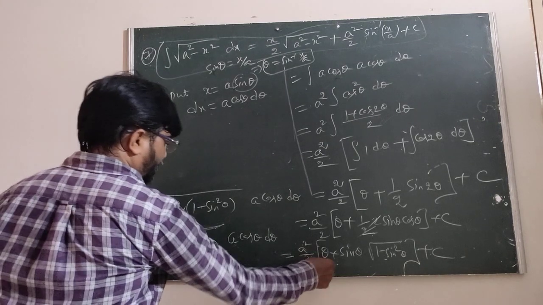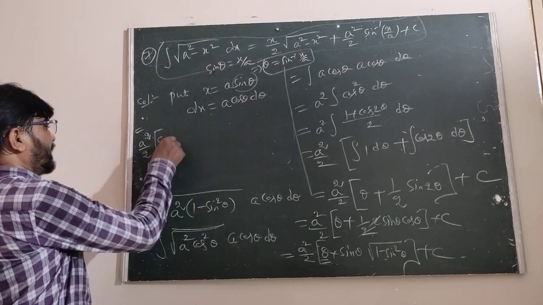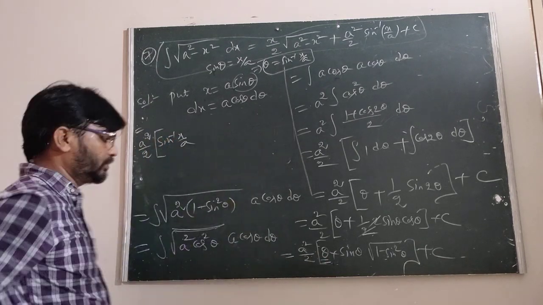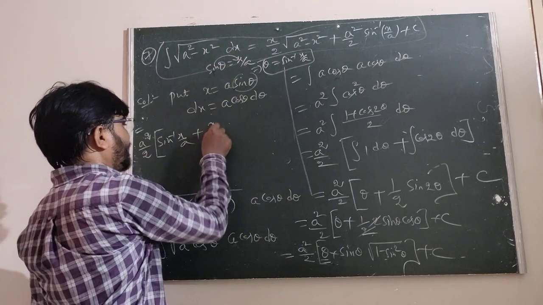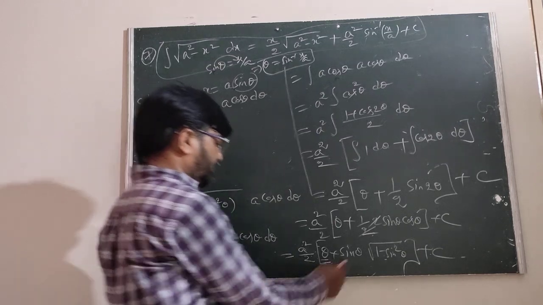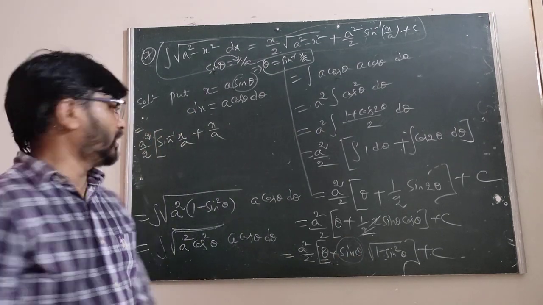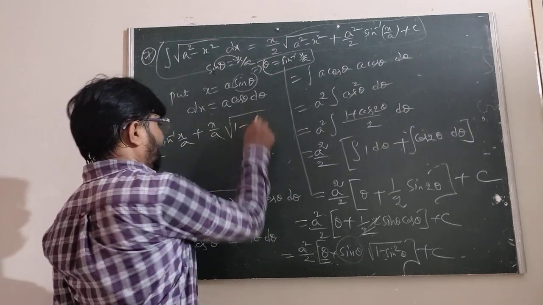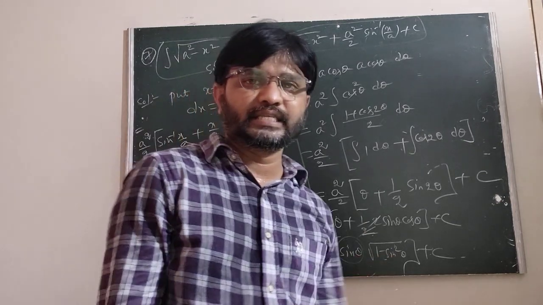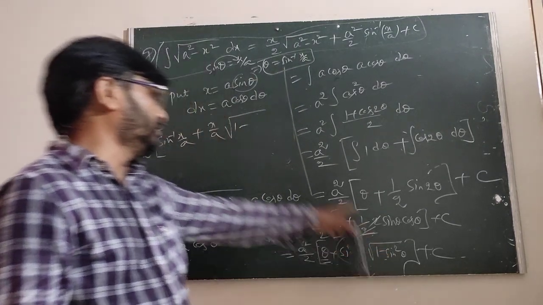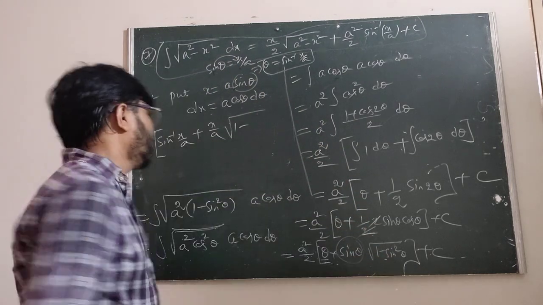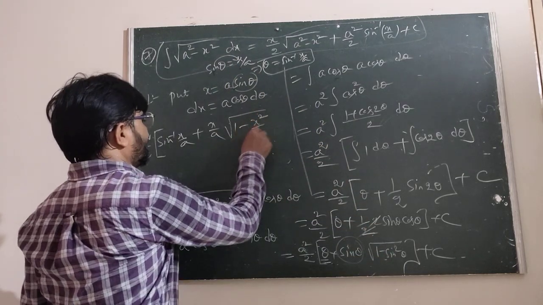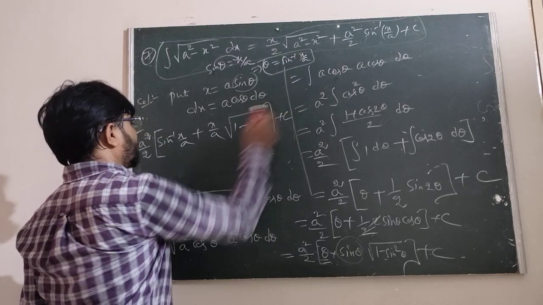Therefore, now we substitute theta as sine inverse of x by a, plus sin theta is x by a, under root 1 minus sin square theta. Sin square theta means sin theta is x by a, so sin square theta is x square by a square, plus c.